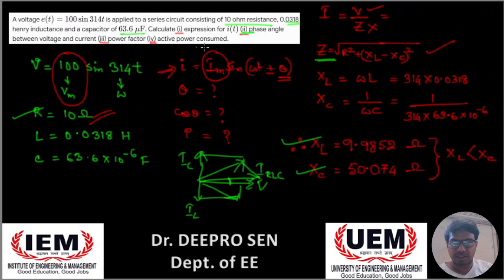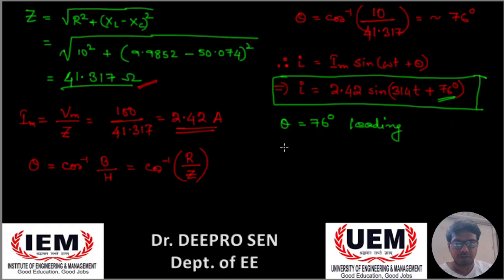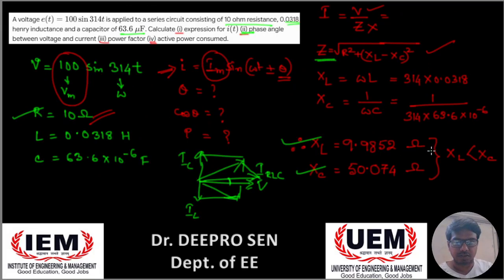The third thing, phase angle between the voltage and current, is found out already. The power factor is very simple. Cos theta, which is equal to cos of 76 degrees, is around 0.24 leading. That is another answer that you have got.